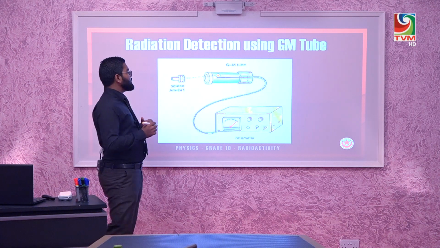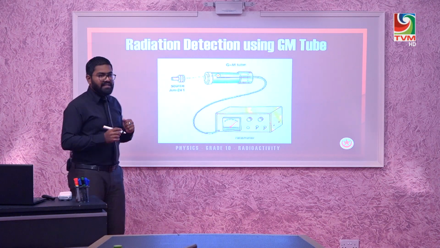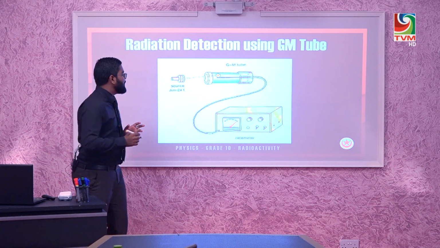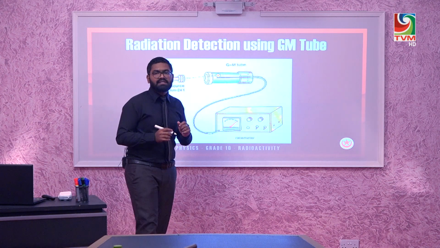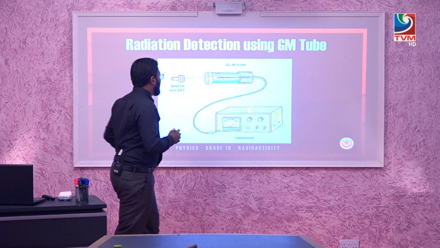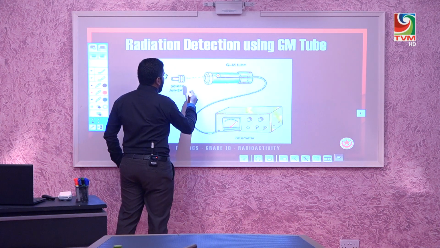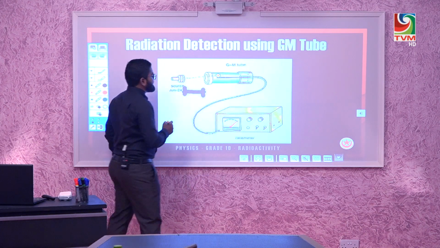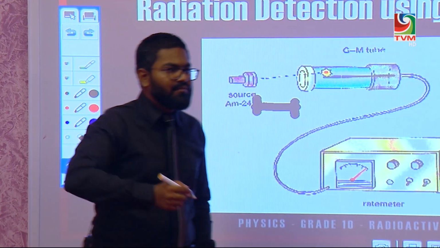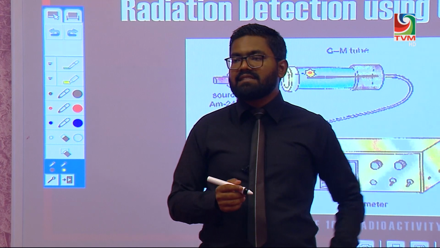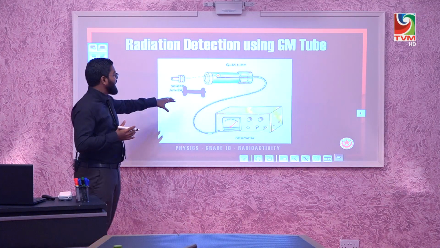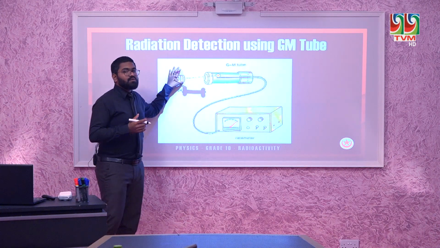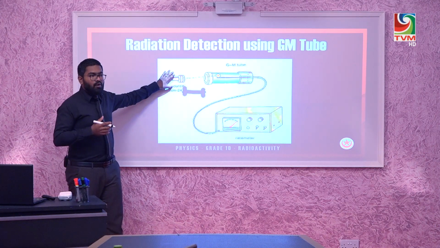And then you open the radioactive source and place the GM tube a few centimeters from it. You might be wondering why we have to place it a few centimeters from the radioactive source. As I've mentioned, alpha particles cannot travel long distances.